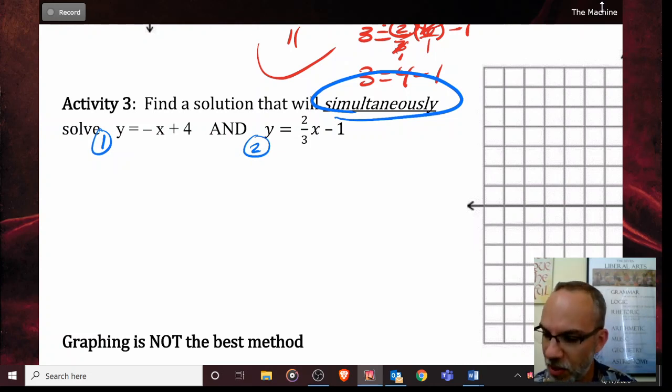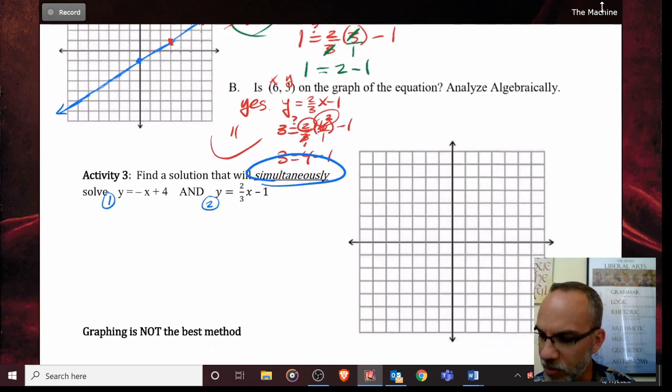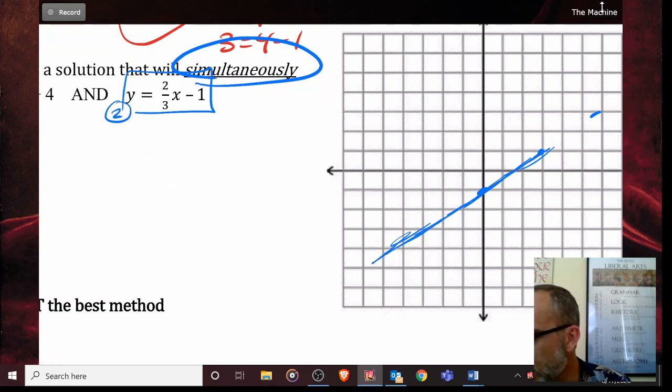Okay, so let's do, what color did I do in blue? Blue. I did the second one in blue. So let me do another one in blue again. So I'm going to graph this one, negative 1, and then up 2 and right 3, and then up 2 and right 3. And so here's the graph from equation number 2. And I need to be as precise as I can on this.